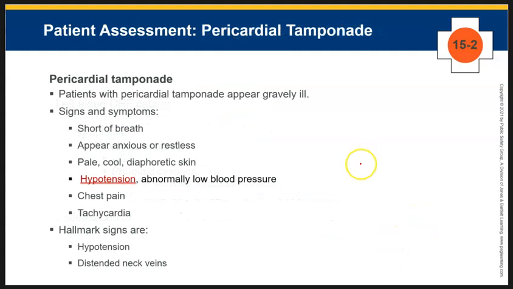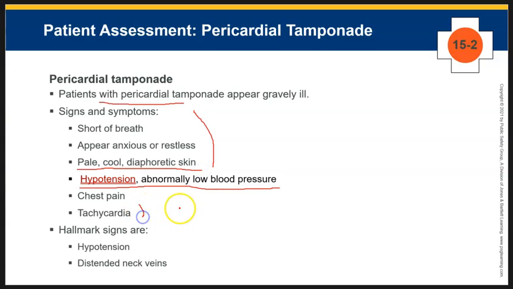For pericardial tamponade, that buildup of fluid in the sac surrounding the heart, pericardium, we'll see hypotension, which is abnormally low blood pressure, and then a response to a problem with the pump, a response to poor perfusion, shortness of breath, pale, cool, and clammy skin, and an elevated heart rate.